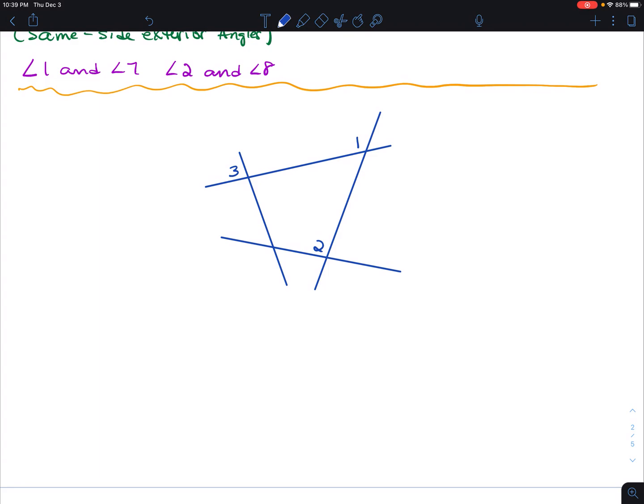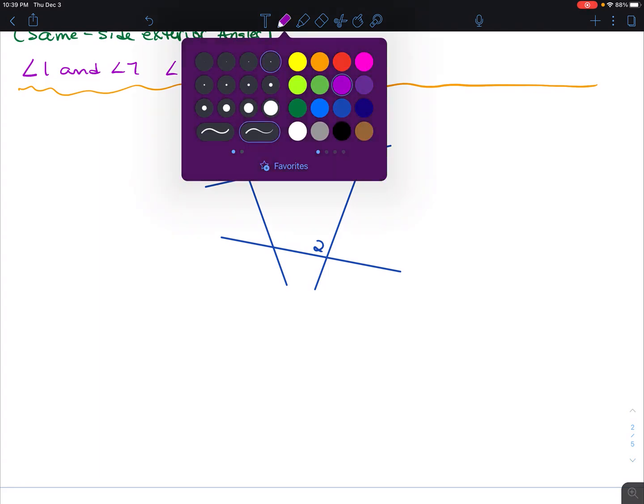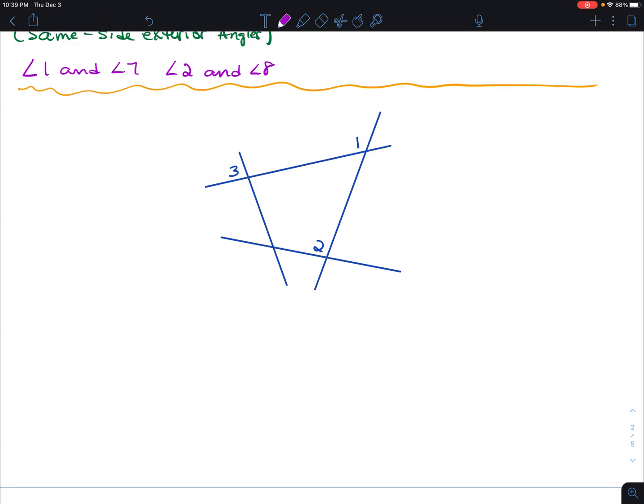Okay, so when you have a crazy picture, and this is not that crazy, but it can be a little bit crazy, you should be using your hand to cover up the information you don't need. So, for example, if I want to know if angle 1 and 2 have any kind of special relationship, yes, they do.